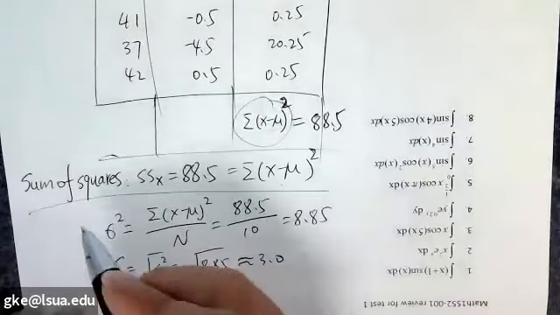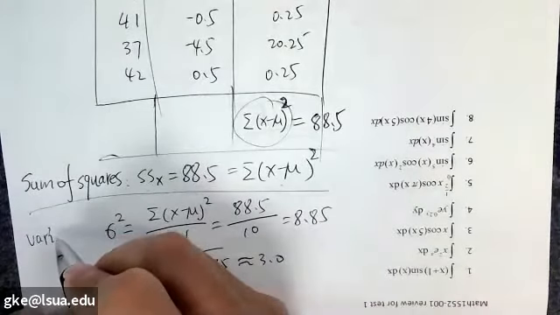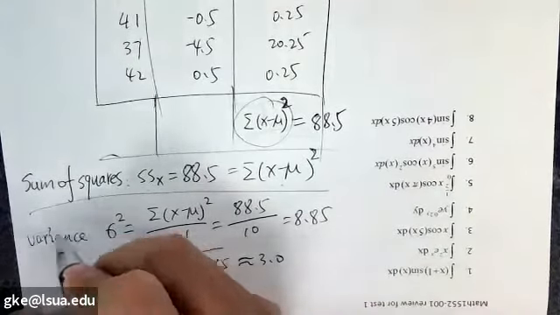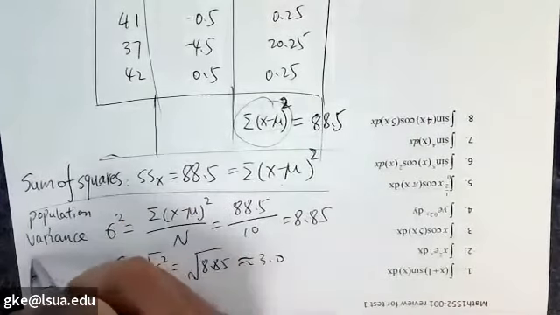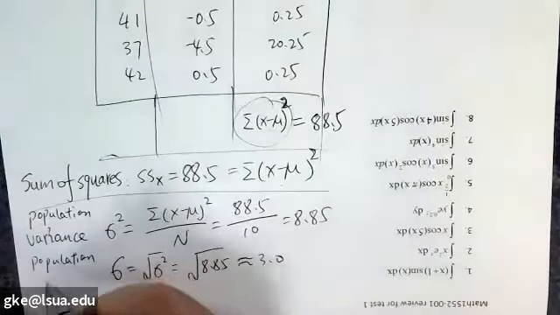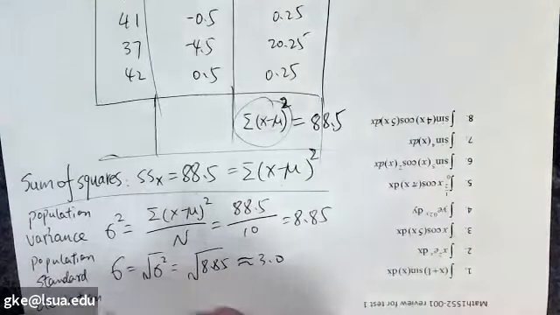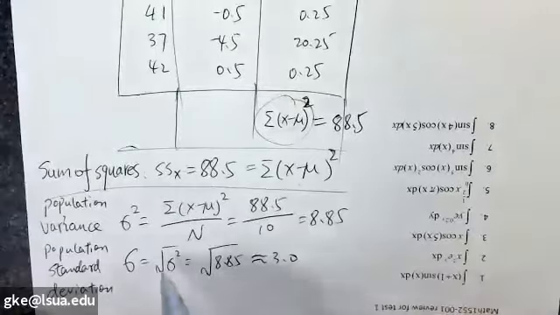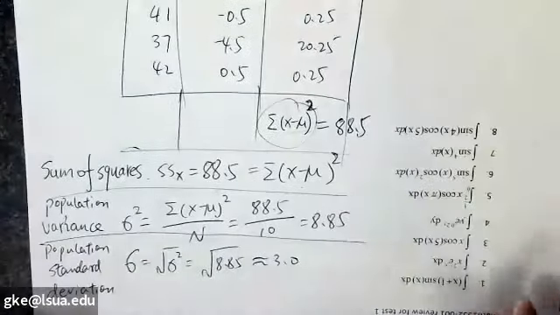And this guy is variance, population variance. And this guy is population standard deviation. Okay, so that's this example.